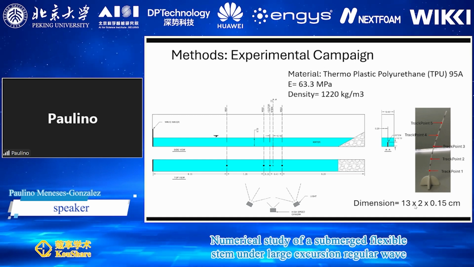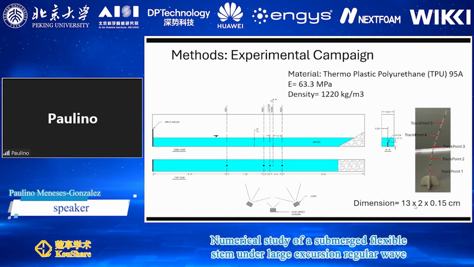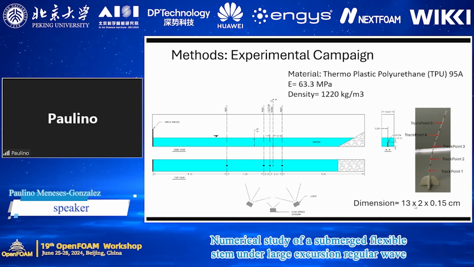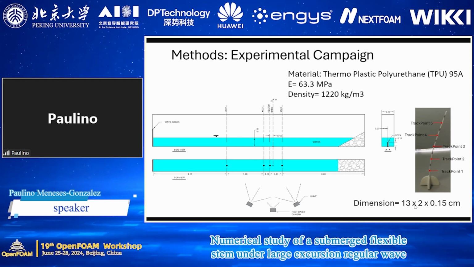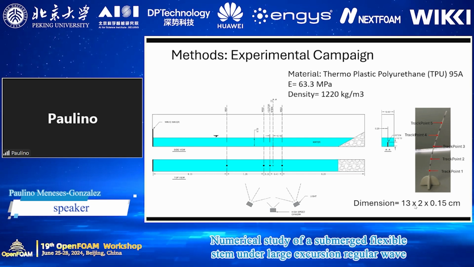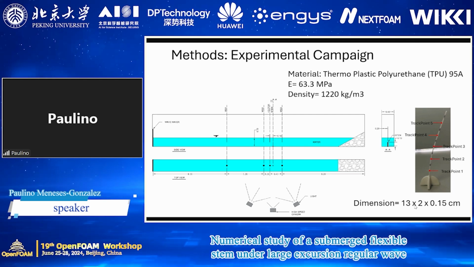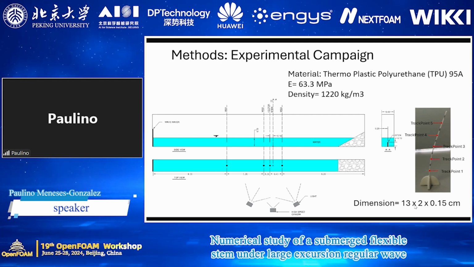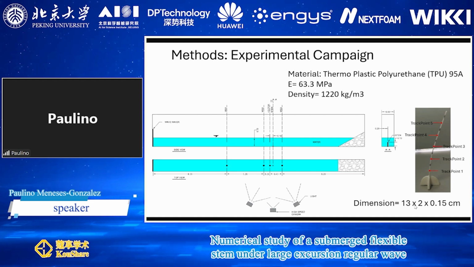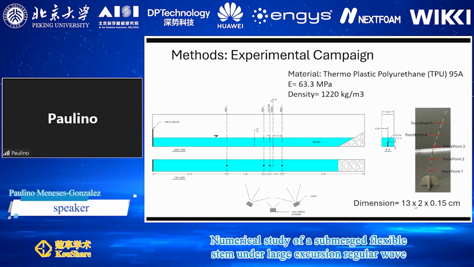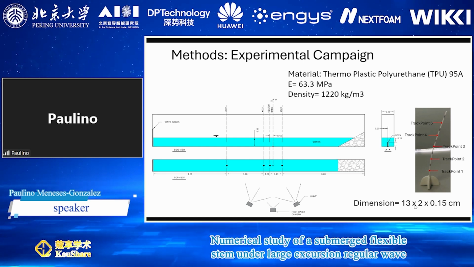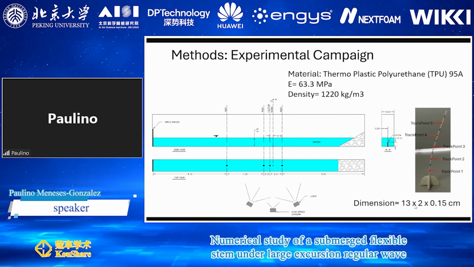It's really slim, and the idea is to do the numerical simulation at real size. We divided the stem in 5 sections in order to track the stem response. The material for the 3D printing was TPU 95A. The density is bigger than water density, which is not the case for real vegetation, but it is what we had at that moment.